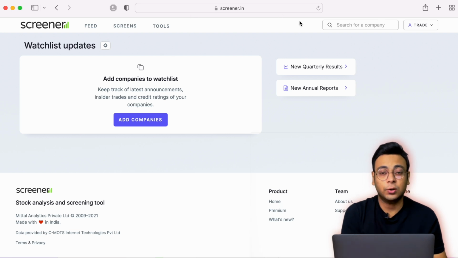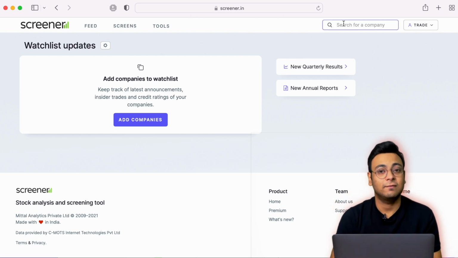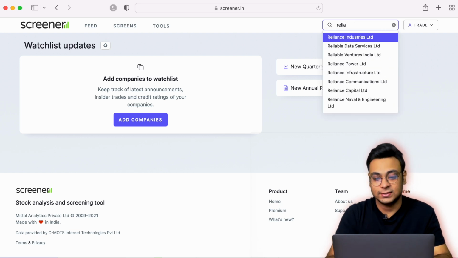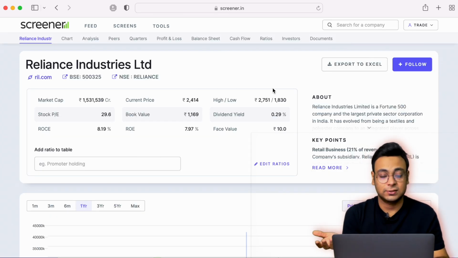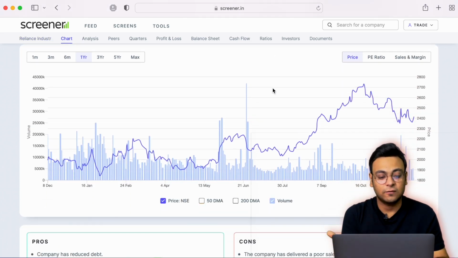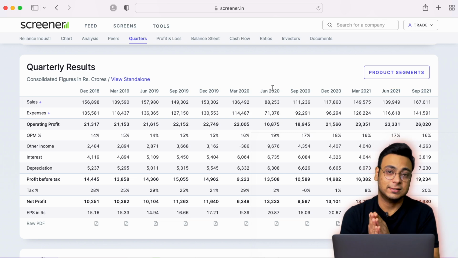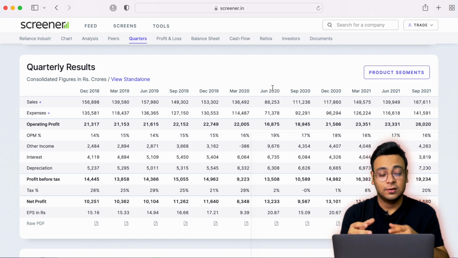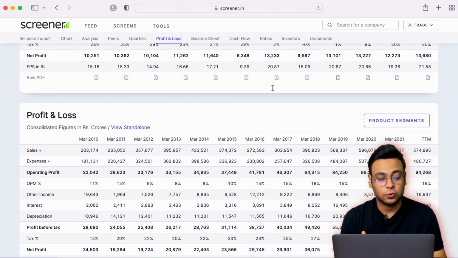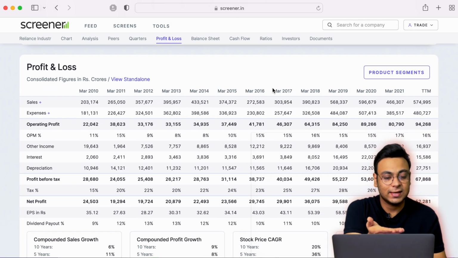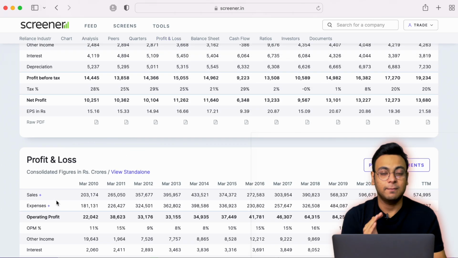Now on the screener.in website, if we go and search for the company we want to analyze, let's say a company like Reliance Industries, we click and search the company. Here you'll get all the information. We'll scroll down and come to the quarterly result section. Just like the profit and loss statement, sales, expenses, operating profit, net profit, all of these things are mentioned here.